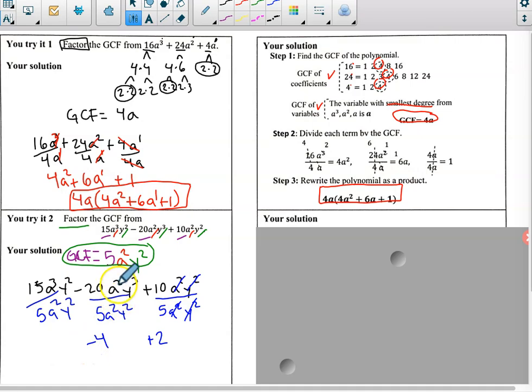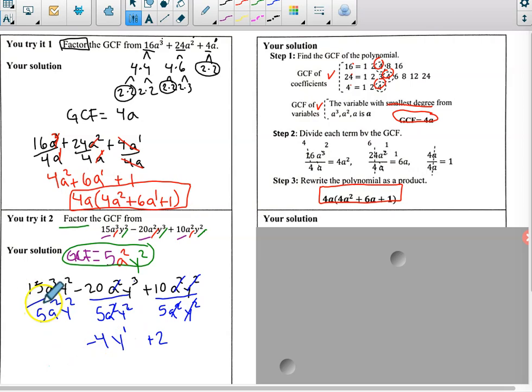Right here we have a squared divided by a squared, that gets eliminated. y to the third divided by y squared, we simply subtract the exponents, 3 minus 2, that leaves us with y to the power of 1.